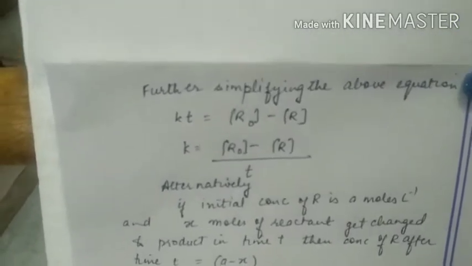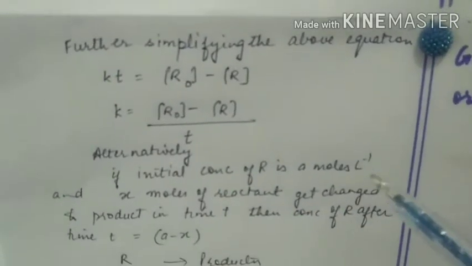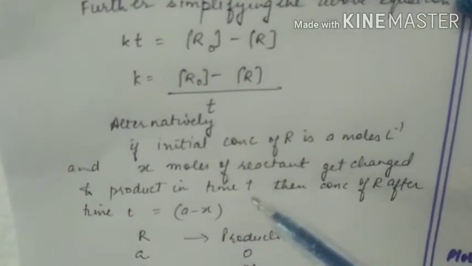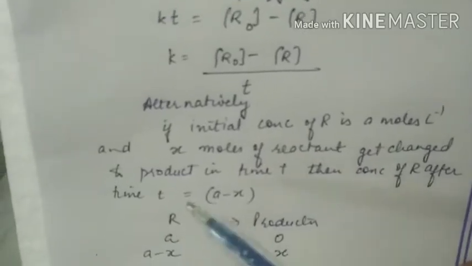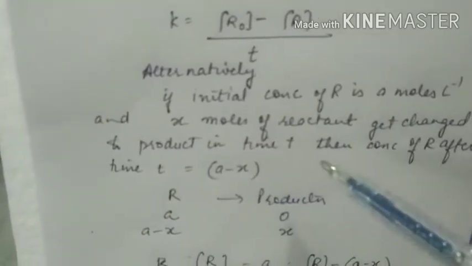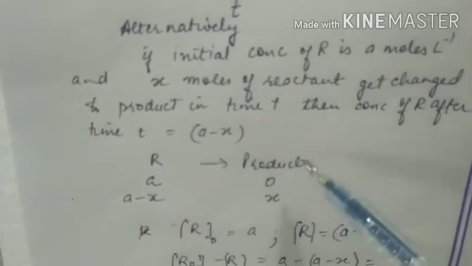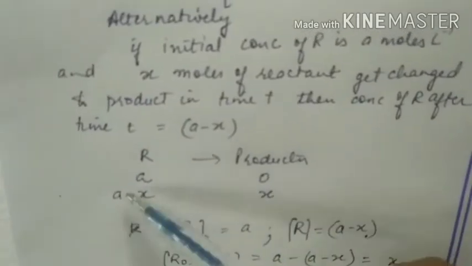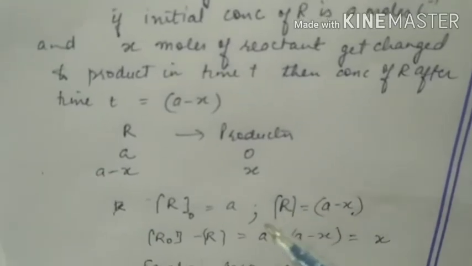Alternatively, if the initial concentration instead of [R]0 is taken as a moles per liter and x moles of reactant get changed to product in time t, then at time t the concentration of reactant will be a minus x. When time was 0, the initial concentration was a, there was no product. When time is t, x has reacted, so concentration is reduced to a minus x and products are x.